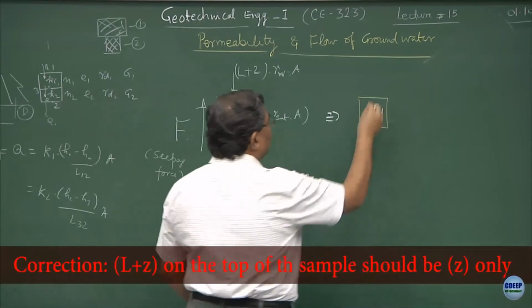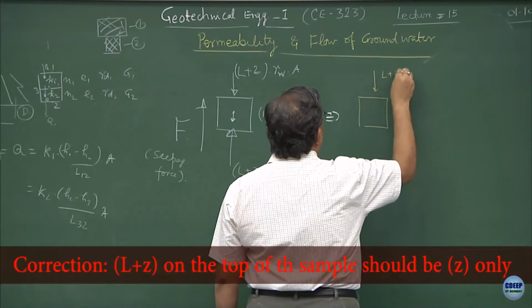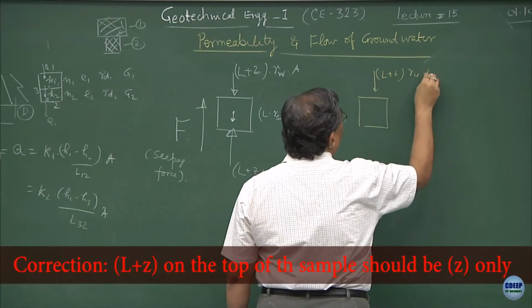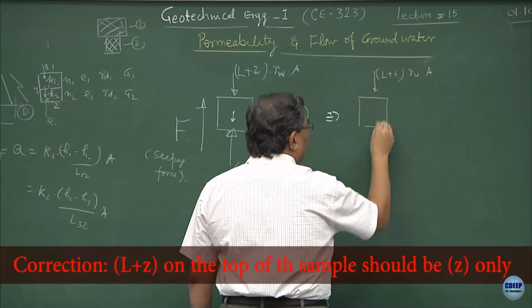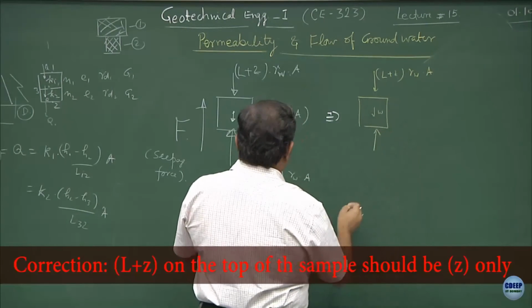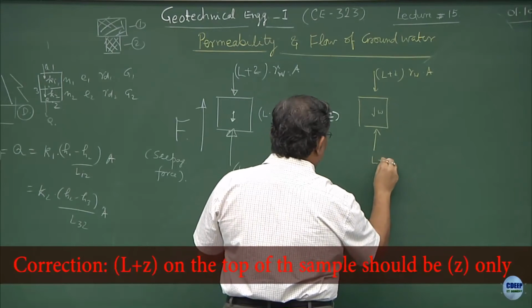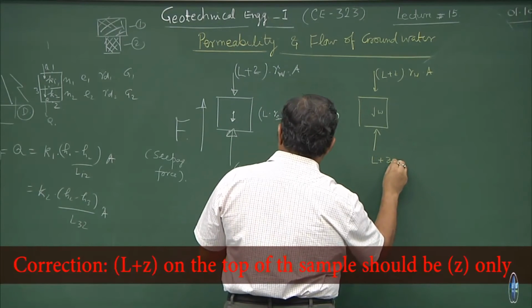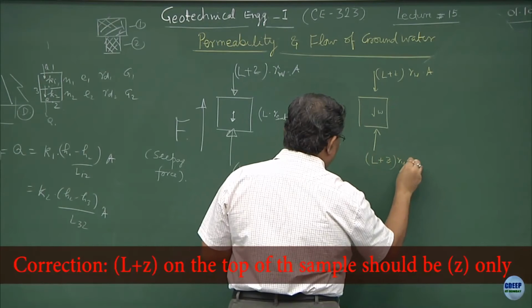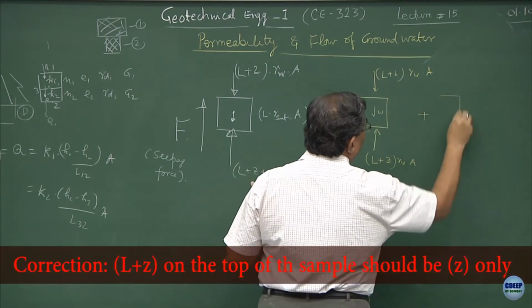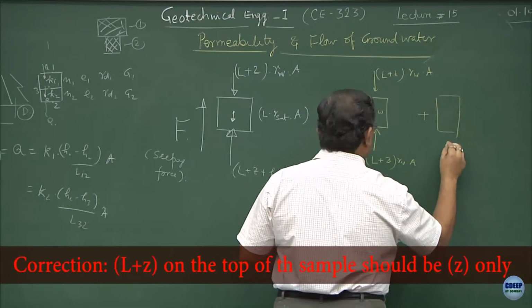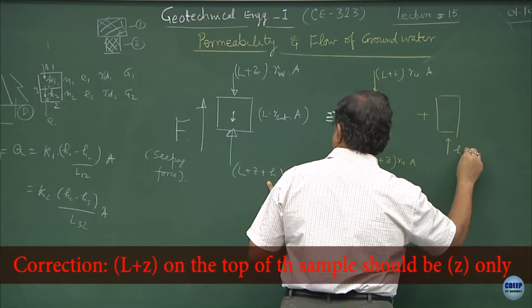So what I can do is say (L plus Z) into gamma W A, of course weight is acting, and this becomes (L plus Z) gamma W A plus, if I write like this, is there any problem?